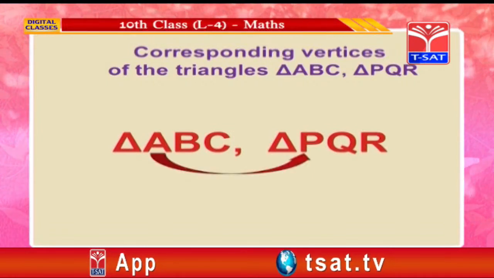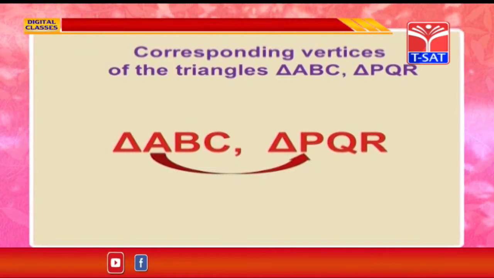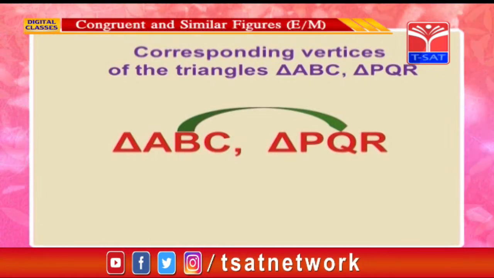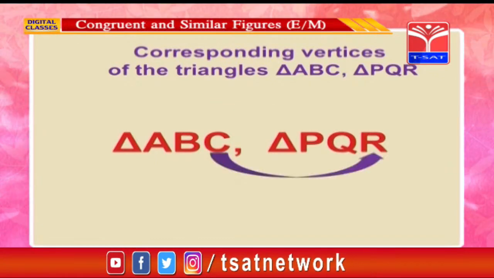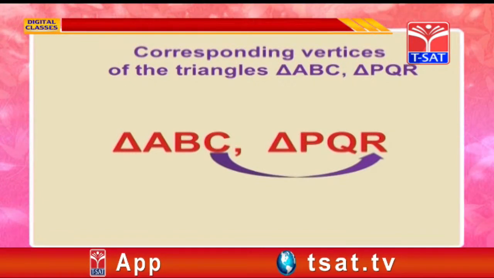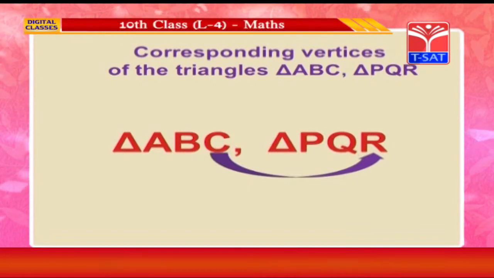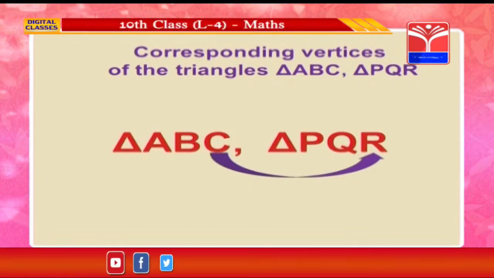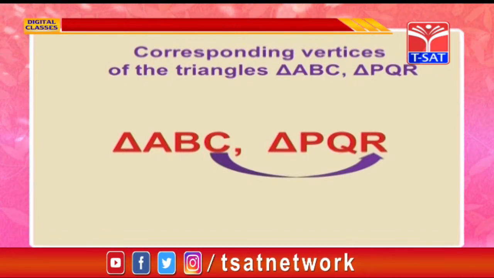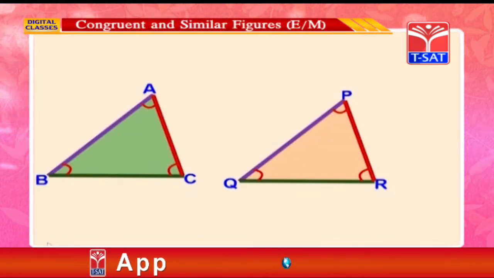You just observe, children, the corresponding vertex of A is P, the corresponding vertex of B is Q, and the corresponding vertex to C is R. So, the order of the vertices matters here. We cannot change the order as such here.